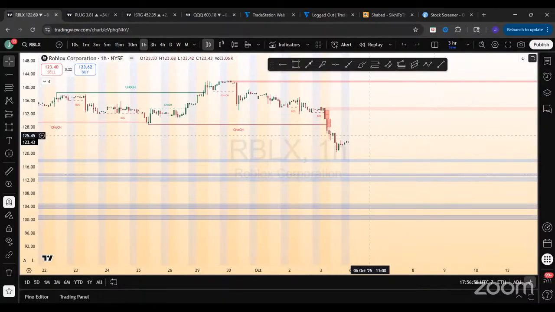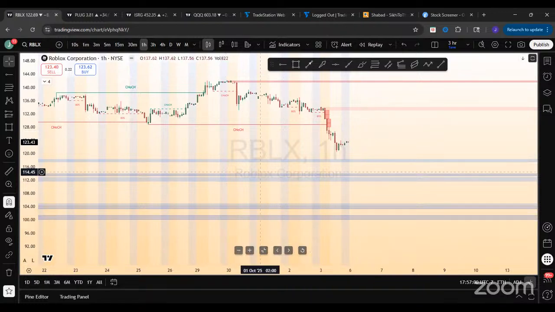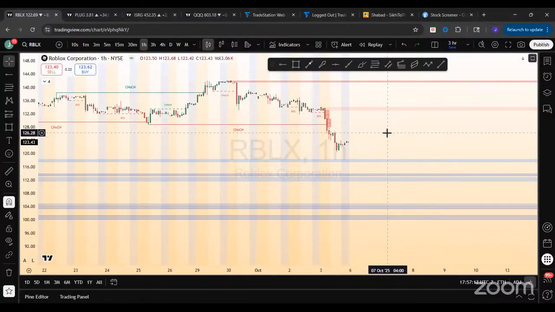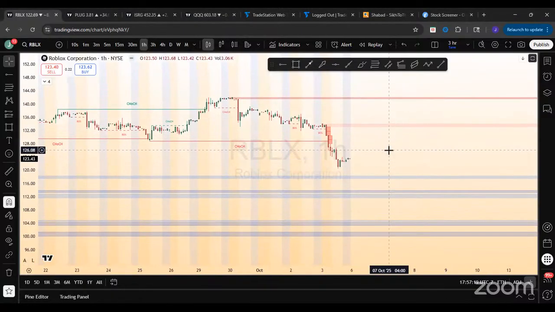Now, the option chain that I have is, what is it? 135 call, October 31st. Because the price is dropping, you probably will find this option chain at a cheaper price right now. So this is where it gets a little bit tricky.